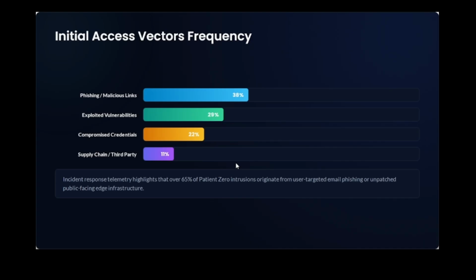Now you have to take threat intelligence into play here as well, because there may be a known supply chain attack ongoing. So you may be able to immediately not worry about the top three and move right to supply chain, especially if it's that MSP, that managed service provider, that was breached. That's what's leading to multiple breaches. Then that's where you would start your search, taking into account what's going on out there in the real world as well.